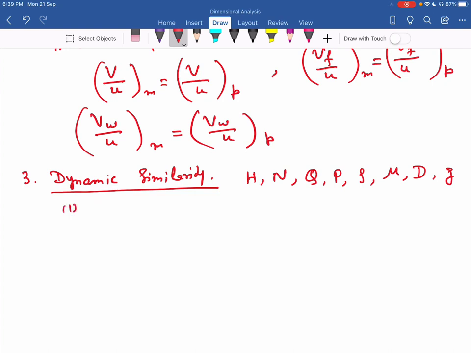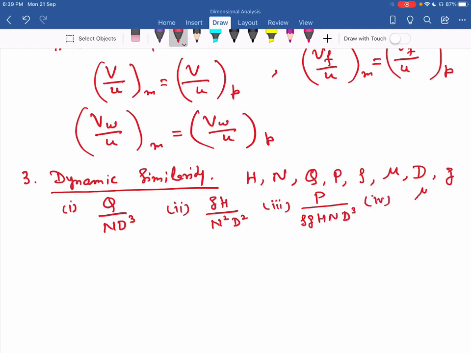One is Q upon ND cube. The second term is gH upon N square D square. The third term is P upon rho g H N D cube. And the fourth term is mu upon rho N D square.